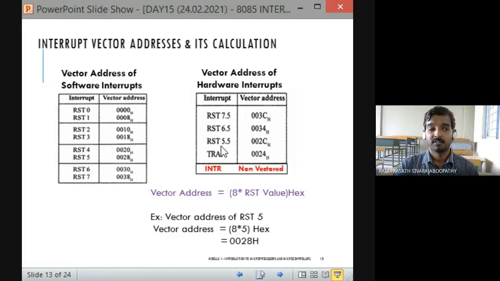See, 85 la total of 5 hardware interrupts only available. To increase the number of interrupts handled by 8085, the system can use the 8259 IC. A single 8259 IC is capable of handling 8 interrupts. Correct? So that particular thing will be connected to INTR. All that you will learn later when you are studying 8259.